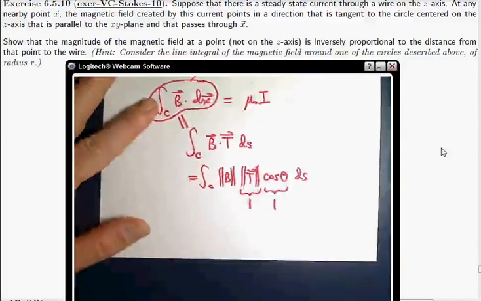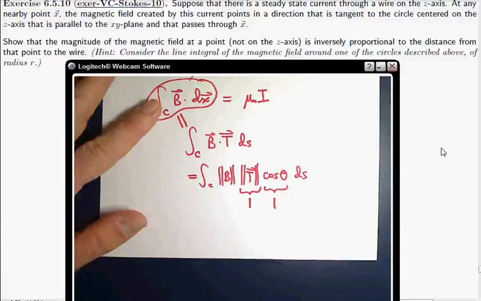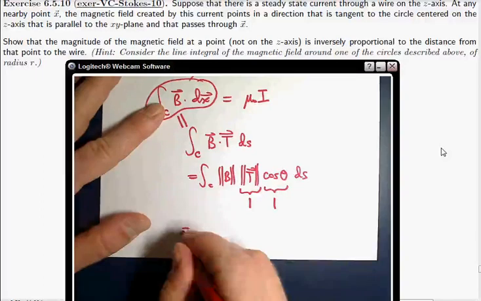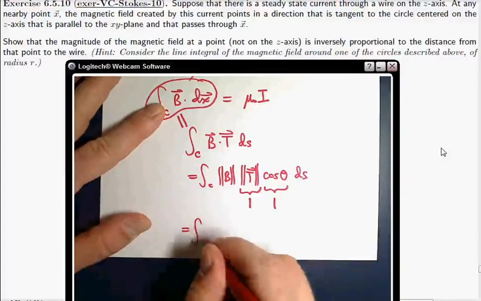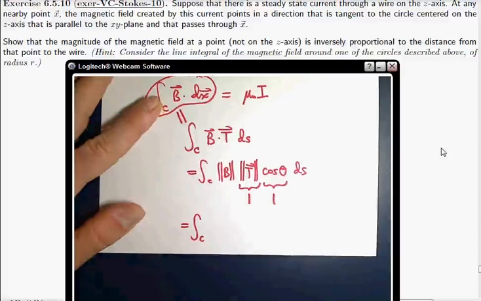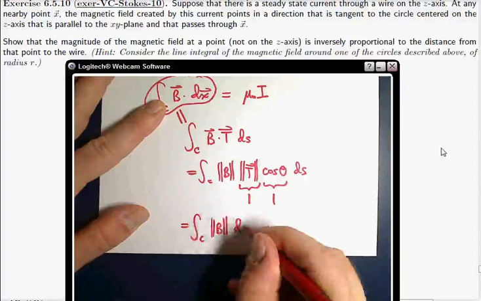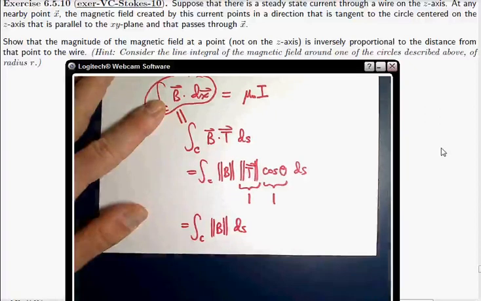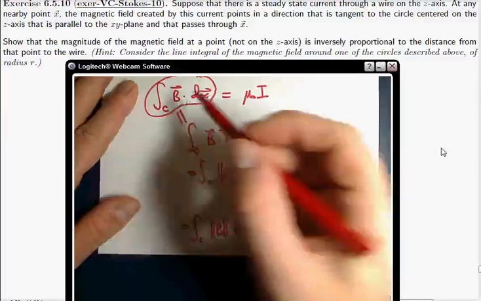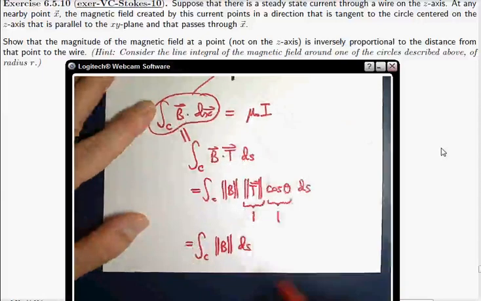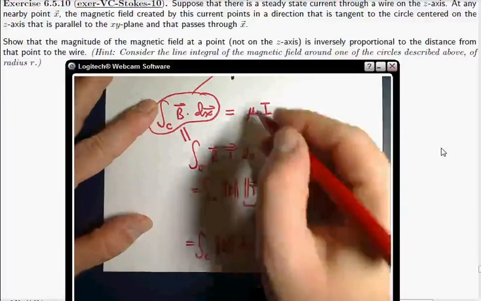So what we have then is that the line integral around this path of length of B ds is what this vector line integral here is equal to, which of course is mu naught I. And we'll get back to that in a second.